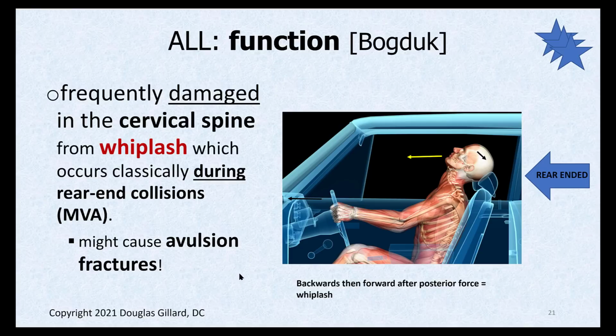And we said that the anterior longitudinal ligament resists extension, and it can even be ripped right out of the bone if you don't have a headrest or if the impact is significant. And you can get fractures called avulsion fractures from this type of injury. Same when your head comes back, the posterior longitudinal ligament can rip part of the disc, because remember that's attached to the disc.